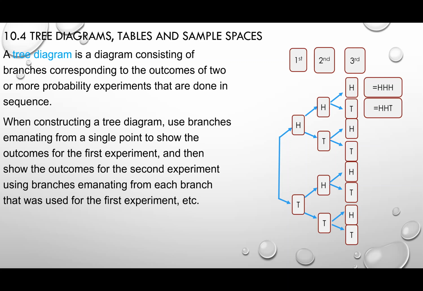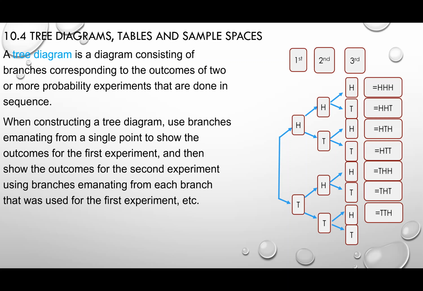Or I can have head, head, tail. Or head, tail, head, tail, tail, or vice versa, tail, head, tail, head, tail, and so on and so forth. As you can see, this is what the tree diagram tells you.